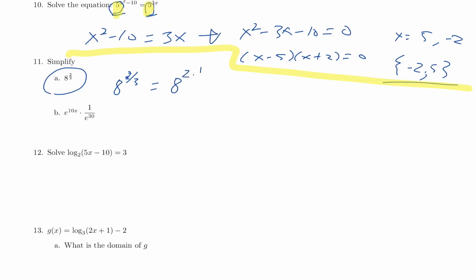Make sure you understand the basic properties of exponents from algebra, because we need to be able to simplify comfortably to work with exponents, since we're talking about exponential relationships.